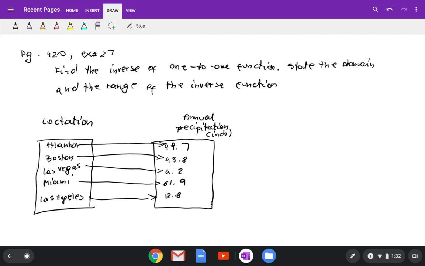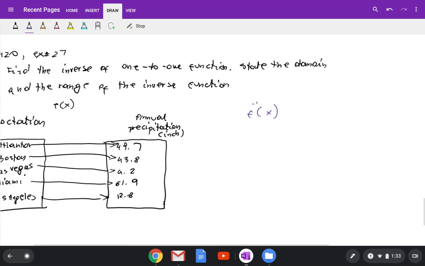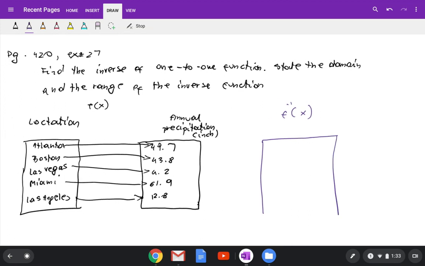Okay, so what they want you to do, they want you to find the inverse function. So this situation represents f of x. That's our original function. So to find the inverse function, what's going to happen? What used to be domain, range will become domain.